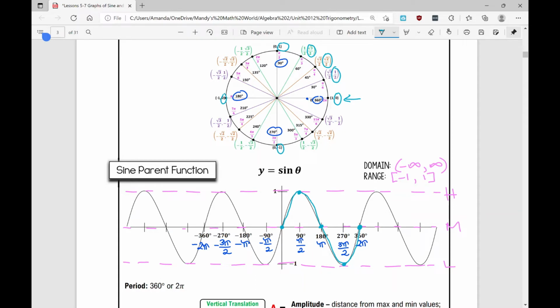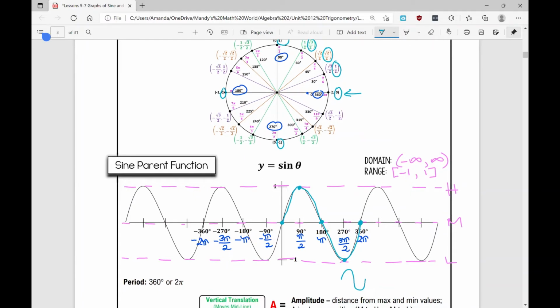What I just drew, this little shape all the way to 360 degrees, is the length of one period, or one cycle, I'm sorry. So this period is the length of one cycle. For our sine function, let's talk about the pattern. We started at our midline right here. We went up to our high line.